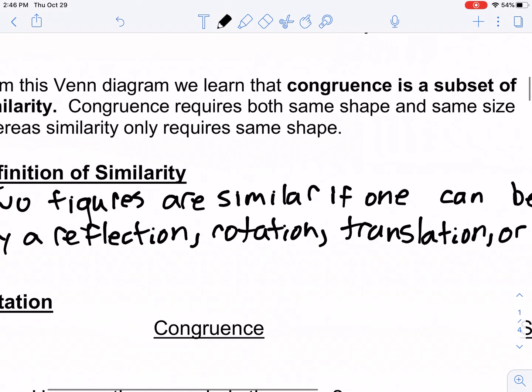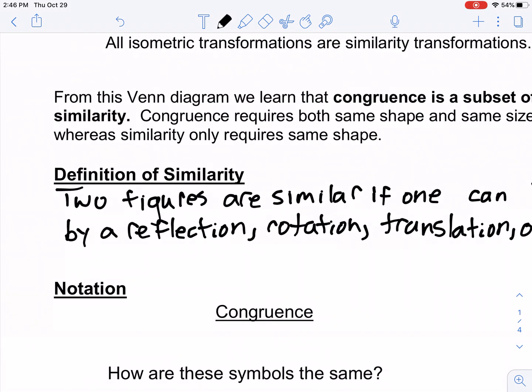Okay, now specifically the properties that we're going to maintain: it maintains shape.